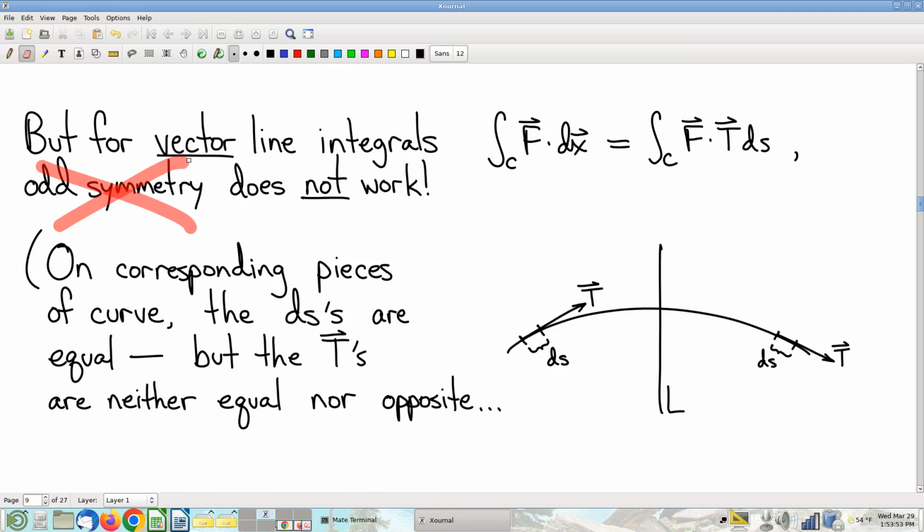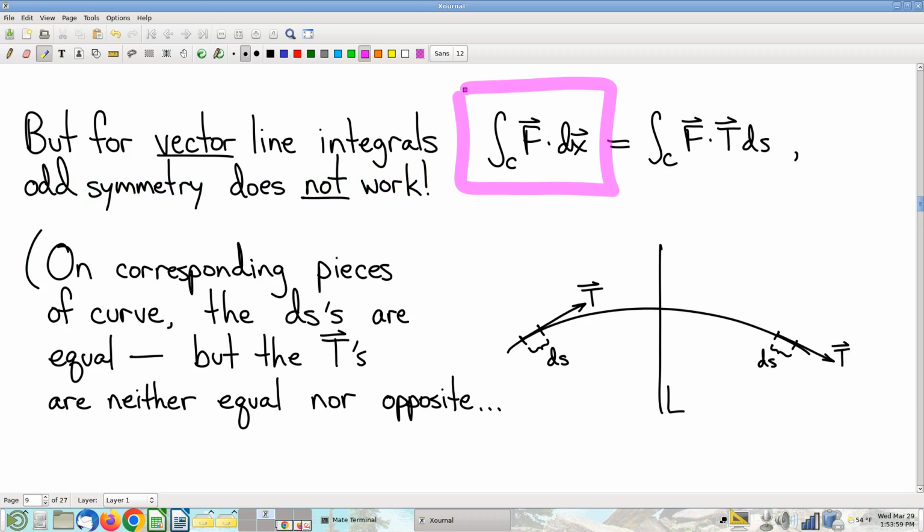If you want to see why it doesn't work, here is a vector line integral right here. And let's look at the dx thing here. How does dx appear in this picture? Notice, by the way, we have a curve that is symmetric, specifically symmetric over that line.